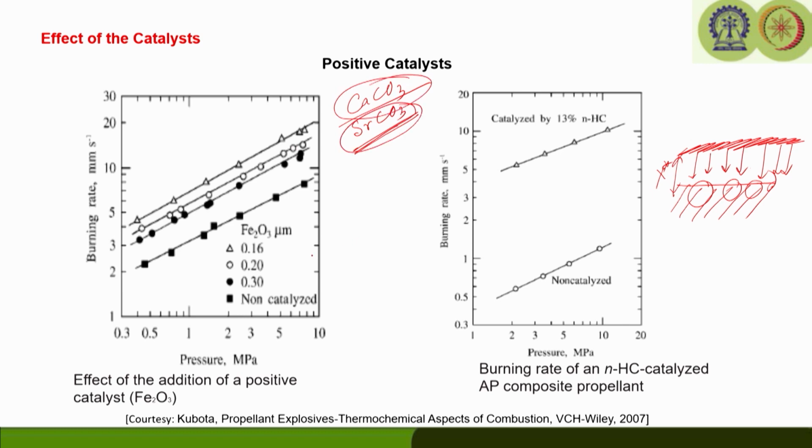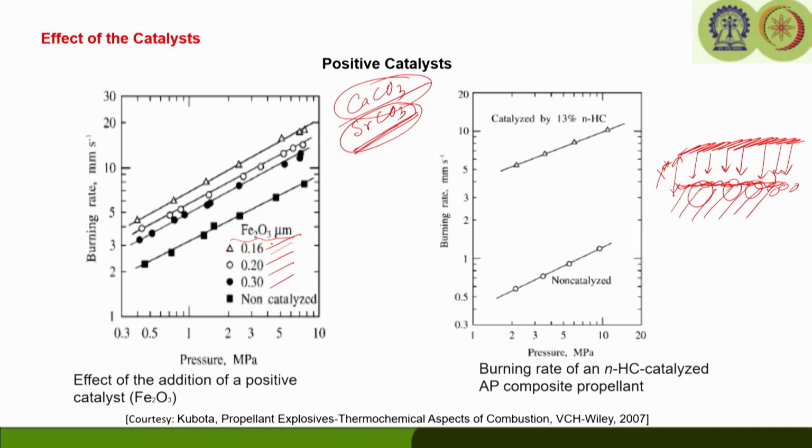Now, iron oxides have been used at different times, in the sense that different sizes of iron oxide particles are used. What we should remember is that they are going to improve the surface reactions in the burning zone. If the catalysts are there, their surface area is very important, because the surface reaction is going to be enhanced by the catalyst.